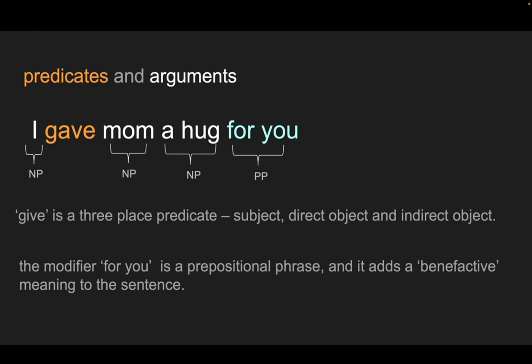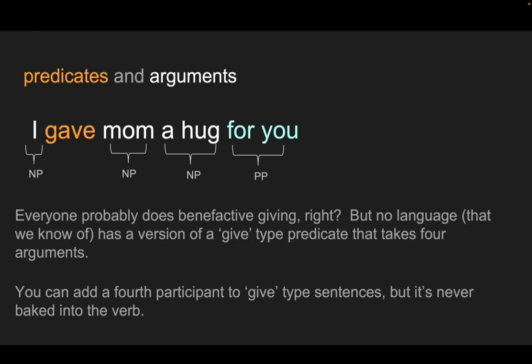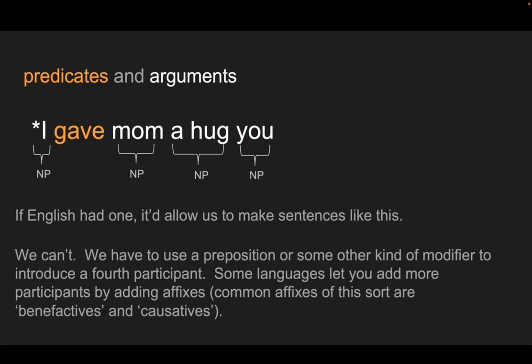What a four-place predicate would allow us to do is to make a sentence with just those noun phrases without having to add another element to make a modifier, right? And nobody does this. It's surprising because this should be very easy to do. But we don't. Language doesn't, apparently.